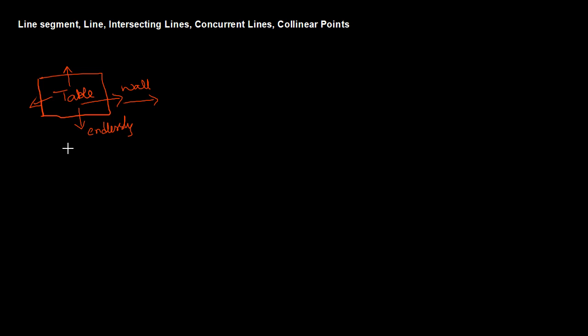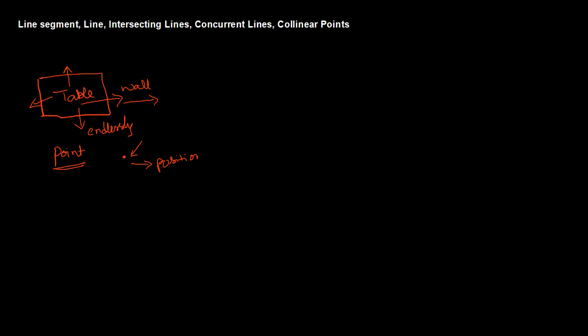From there, let's come to the other concept, point. What is a point? A point is just a mark on the plane. For example, if I put a point on the wall, it is just a point. What does it represent? It represents position.